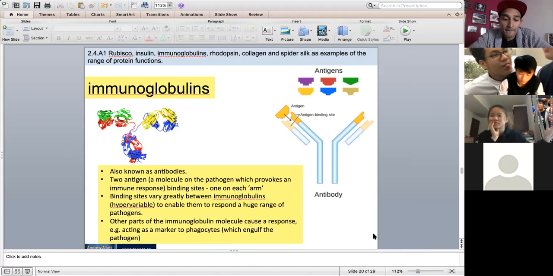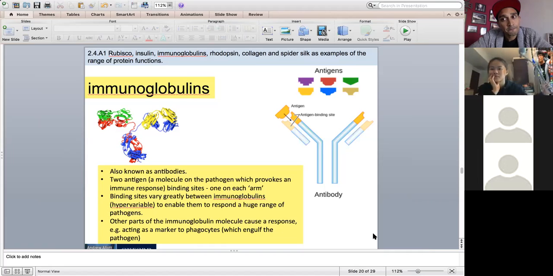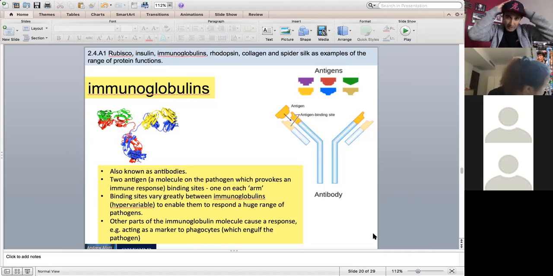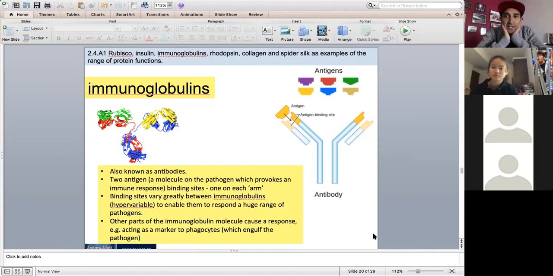How long do they take to reproduce? Right, how do the antibodies reproduce again? When we talk about vaccination, like if you remember from last year, antibodies are made after the infection is detected.